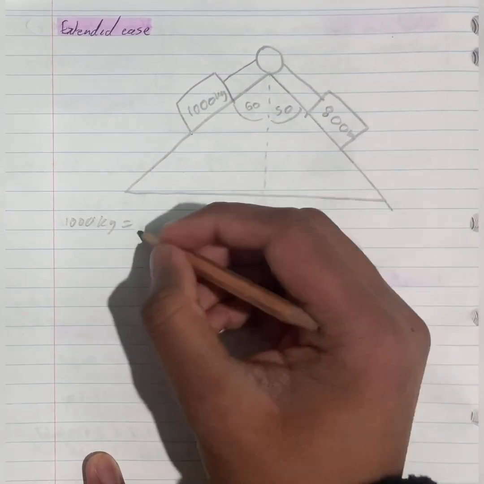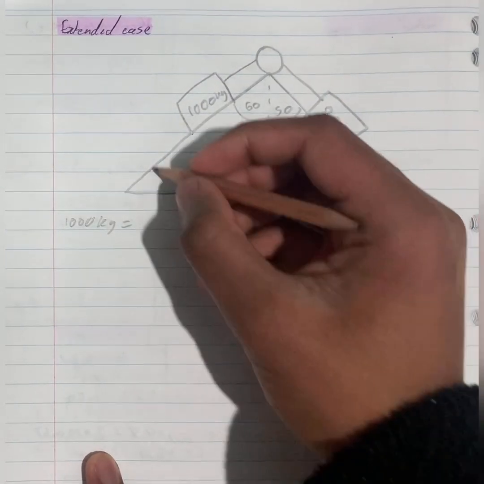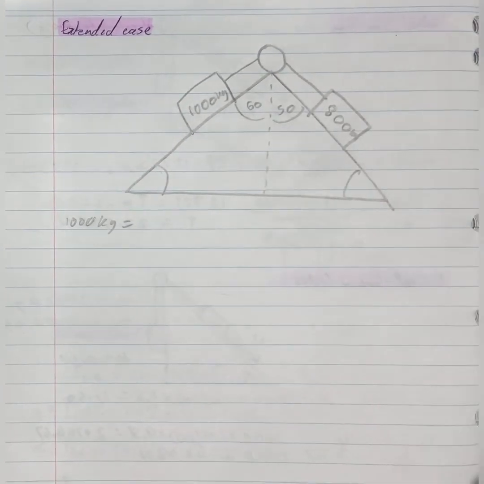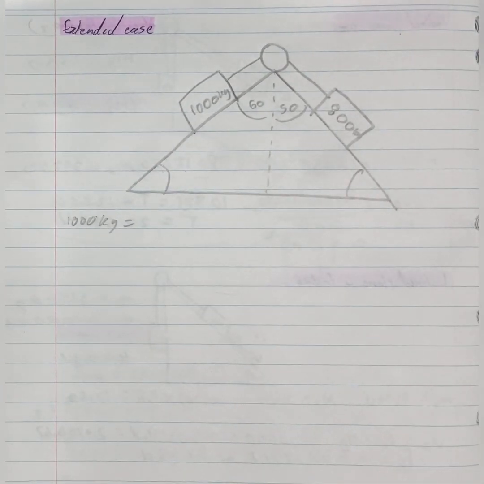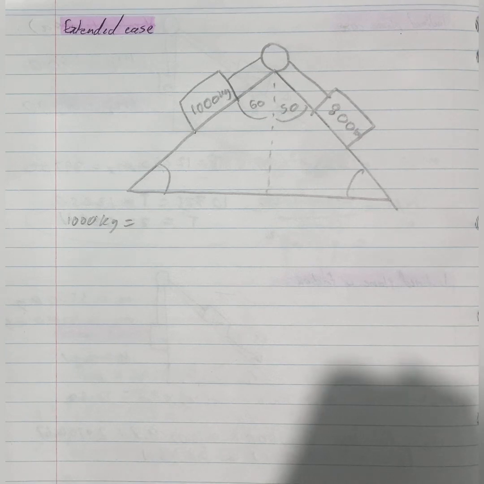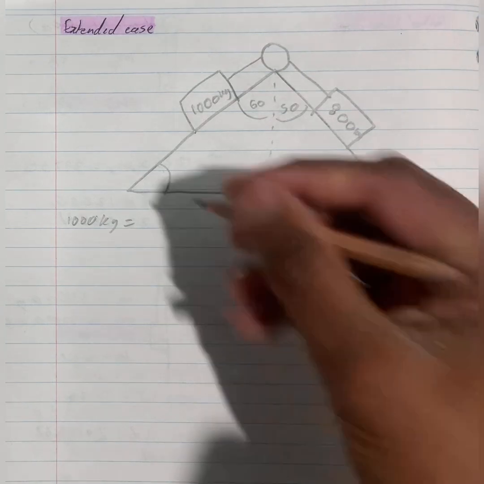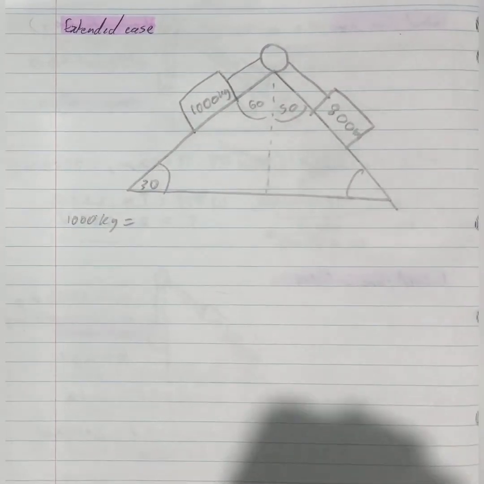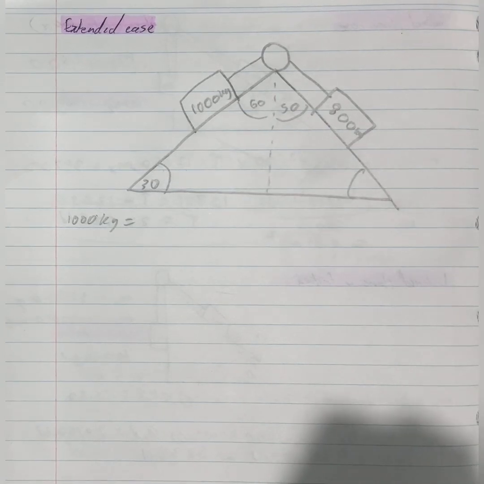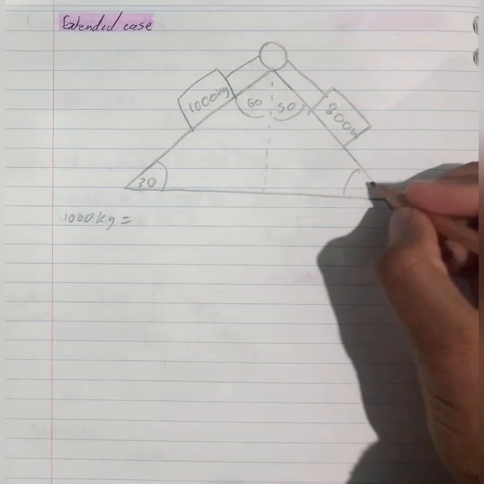All we need to do to find the value for that one is first label these two sides. So let's quickly get into that. Basic right angle trig. This would be 30, and the other one would be 40.